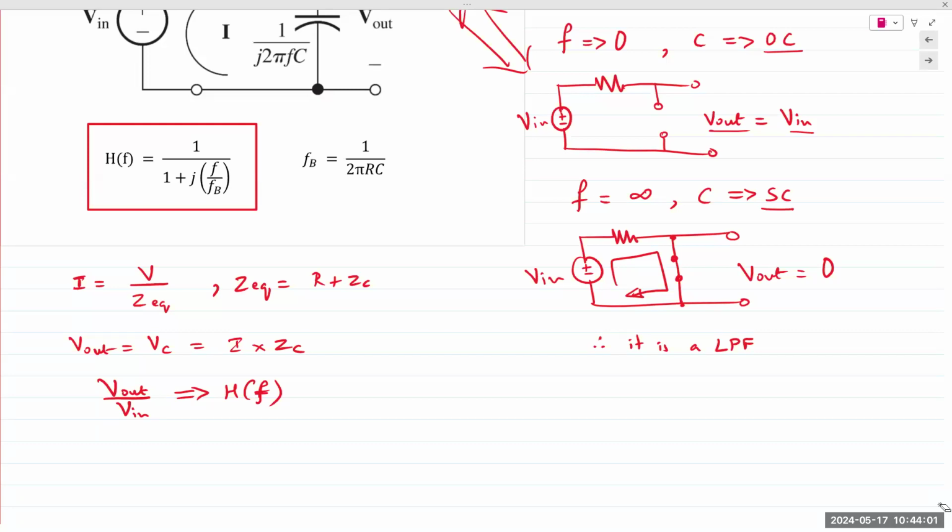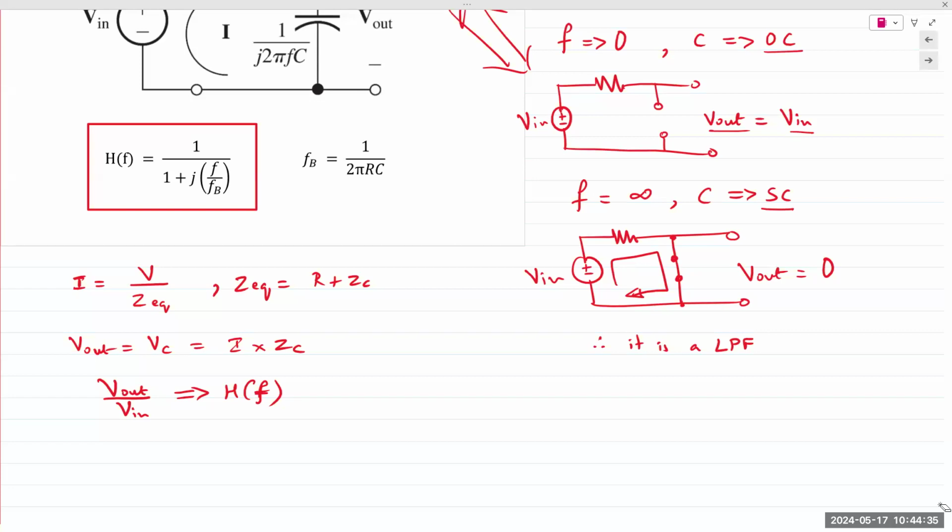Hence, it is a function of frequency, H of F. So the F over FB, F is the variable of the input frequency. Similar to the example problem we saw where you had 3 components with different frequencies. There's another example where you'll see a component with an input signal with 3 different kinds of frequencies. Okay.